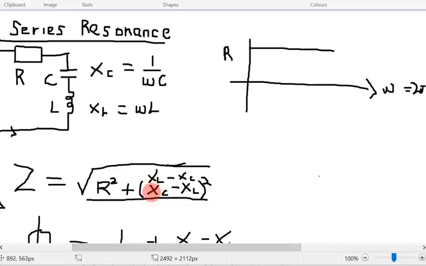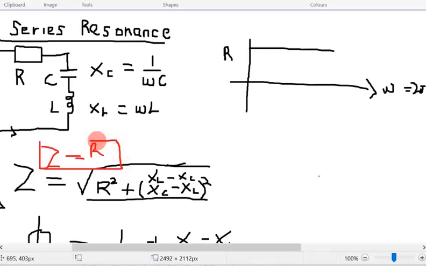At a point when the capacitive reactance is equal to the inductive reactance, this sum here will be 0, and the square of it will be 0. So it will be R squared and then the square root of this R squared, which will give us the impedance being equal to the resistance.